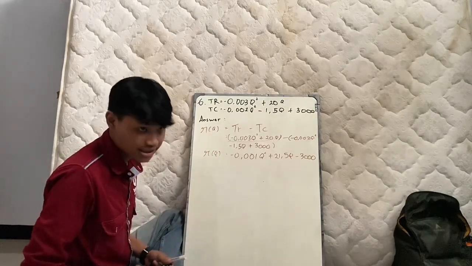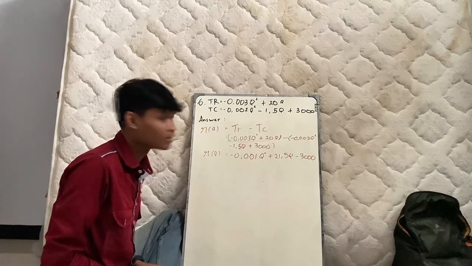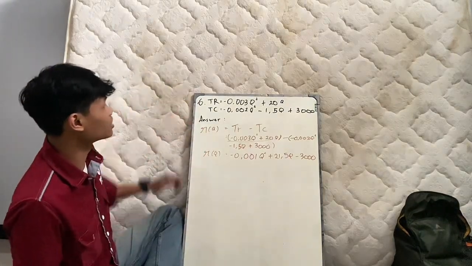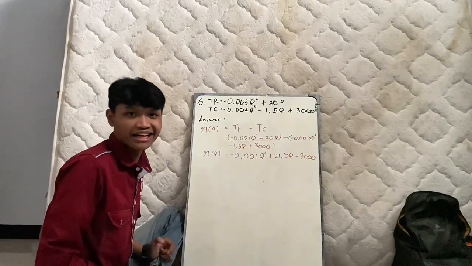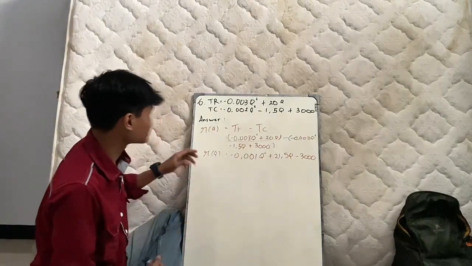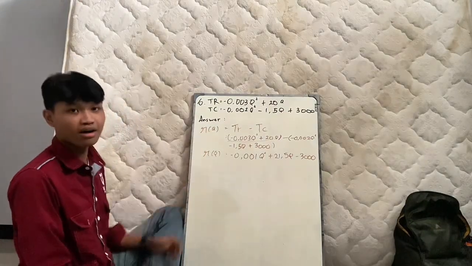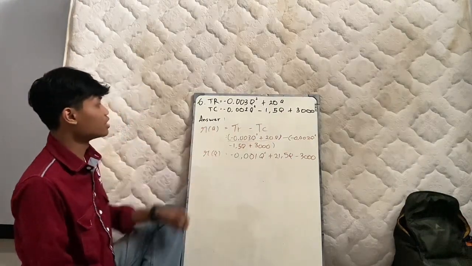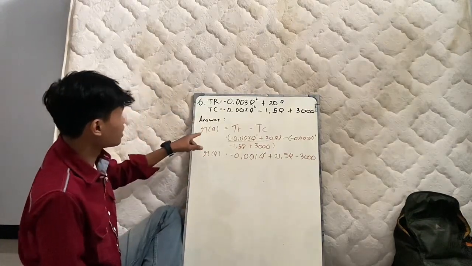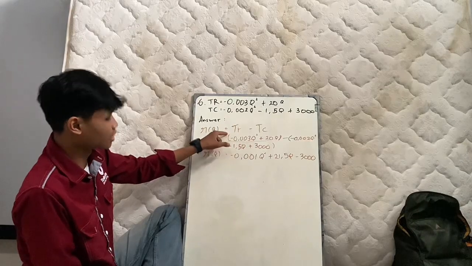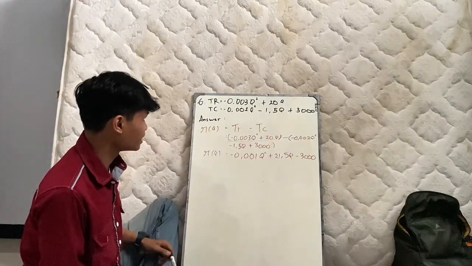And then next I will tell you how to make this question solvable. First, we find the profit P of Q. The formula is P(Q) equals TR minus TC.